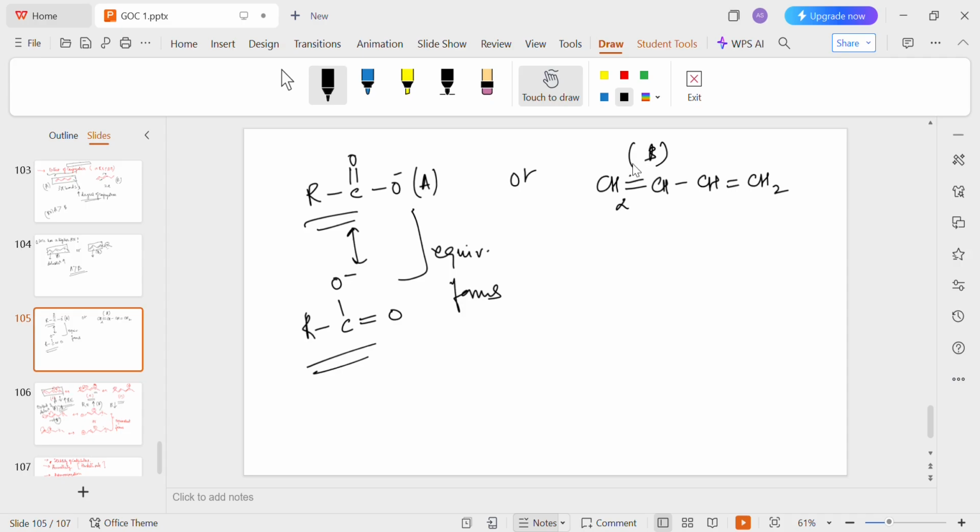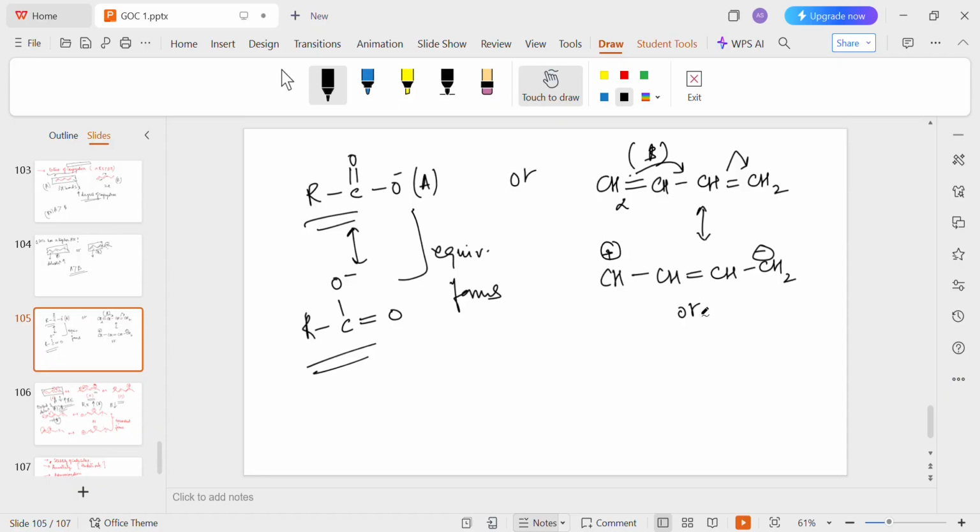Here, if you see, you can draw a resonance contributor. So here, if you can see, this is the butadiene, and we can draw the resonance contributor by shifting the pi electron density from one carbon to the sigma bonded carbons. Okay, so when we shift the pi electron density towards the right, we get positive charge on first carbon and negative on the fourth.